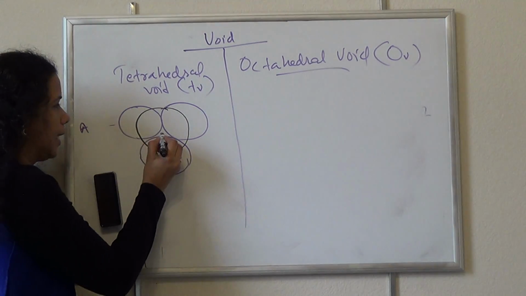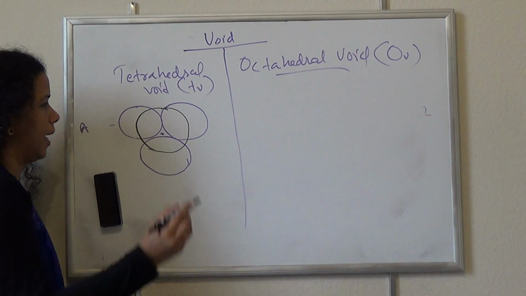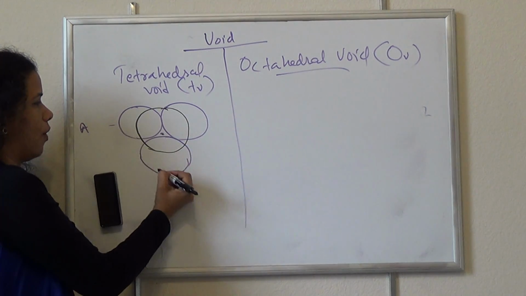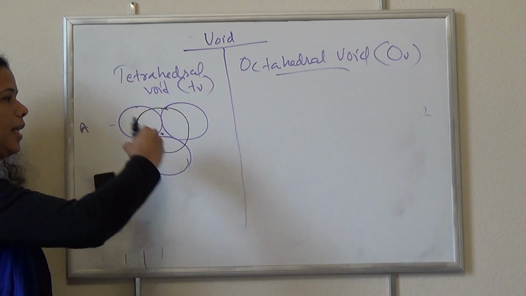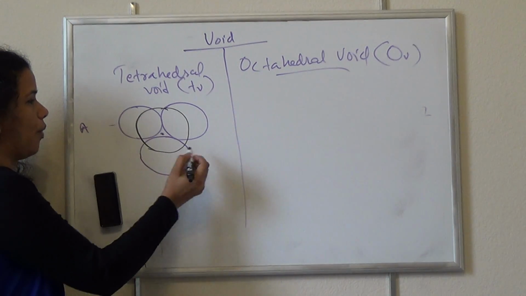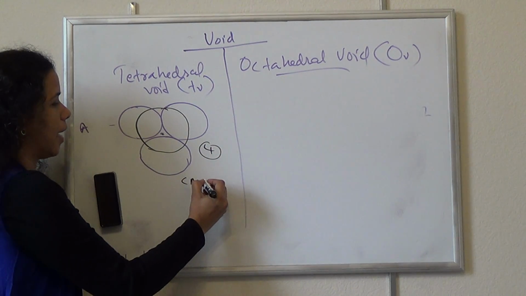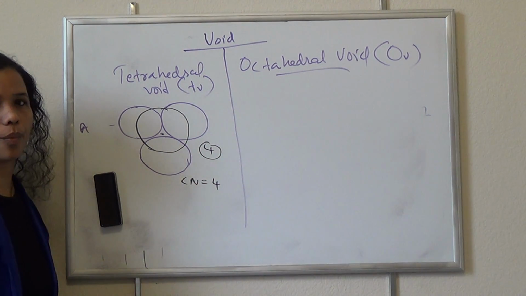When we consider this void, three-dimensionally you have to imagine, there are 3 atoms from one layer and 1 atom from the second layer. It is in contact with the 4 atoms. Or we can say that the coordination number of this void is 4.